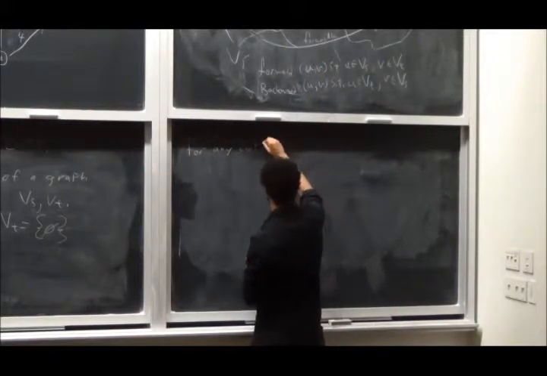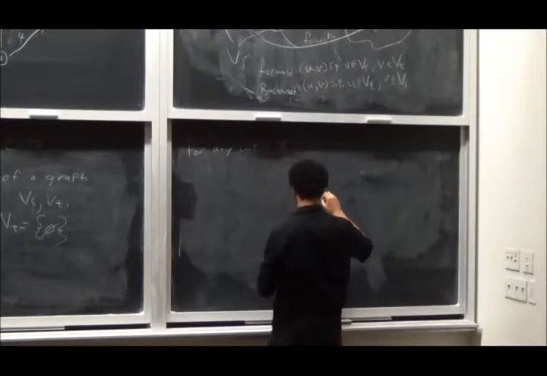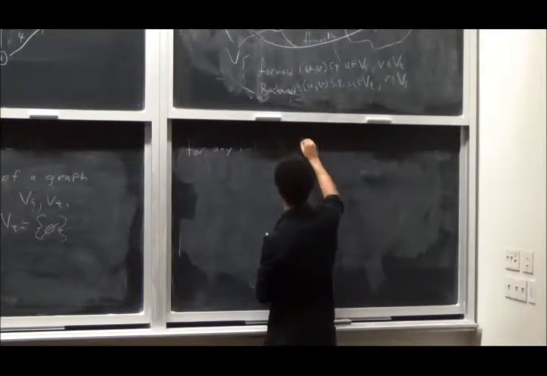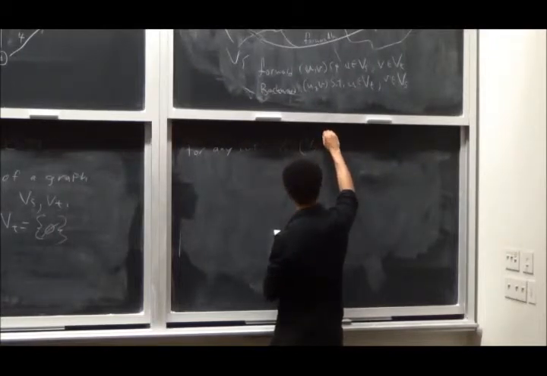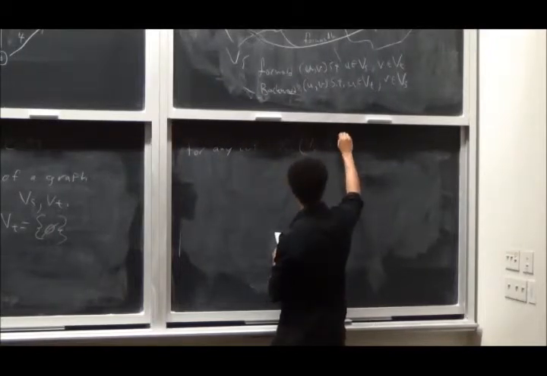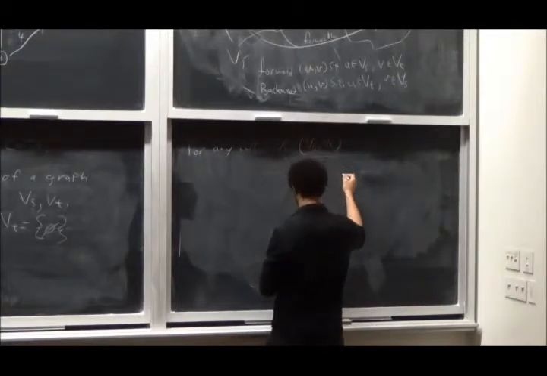Let's define some set X as a set of vertices that are cut forward in the cut, the set of vertices that are in V_S and V_T. This notation is pretty loose. It's used in the book too.